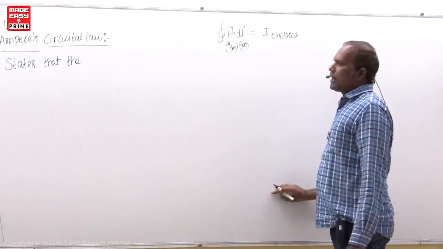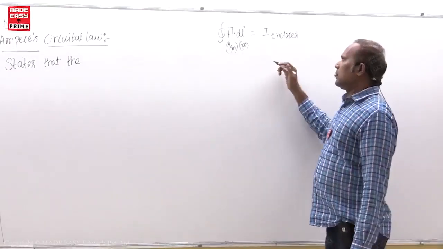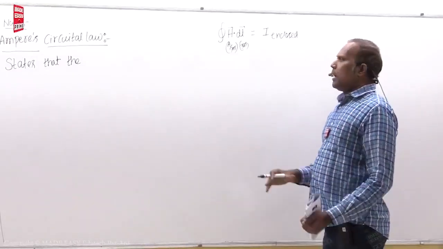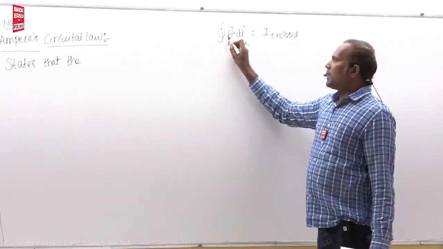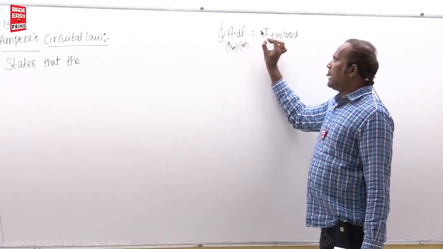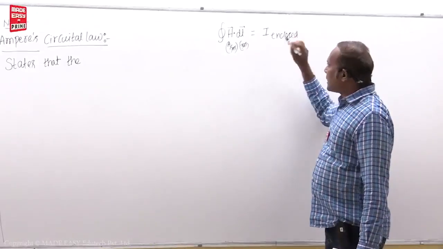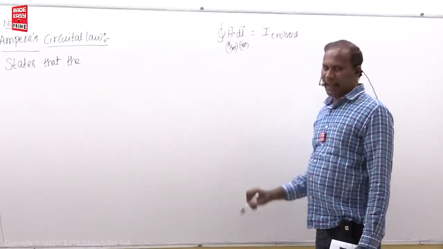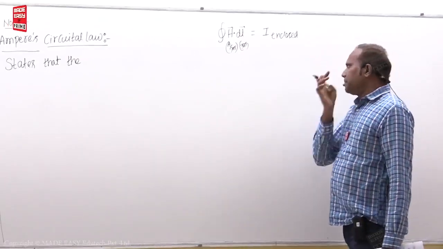So this is the mathematical equation of the Ampere circuital law. How do you read this? Ampere circuital law states that the closed line integral of magnetic field intensity is equal to I, the total current enclosed, meaning inside this closed line which you have taken. So that is the statement.